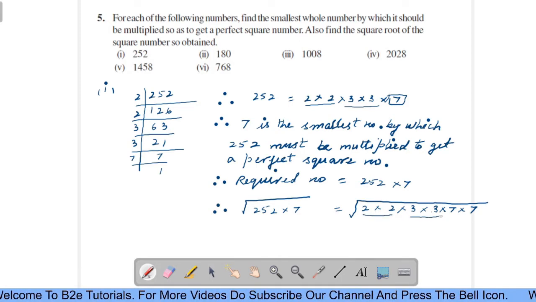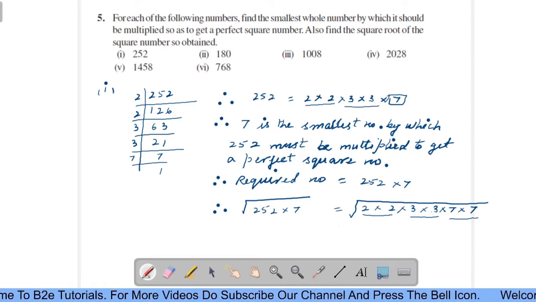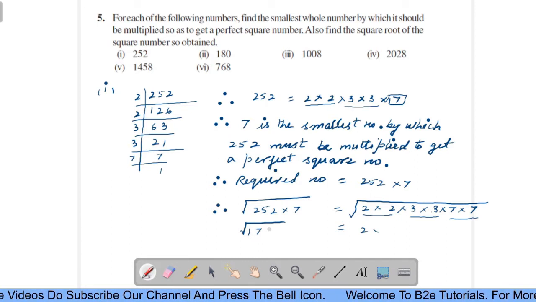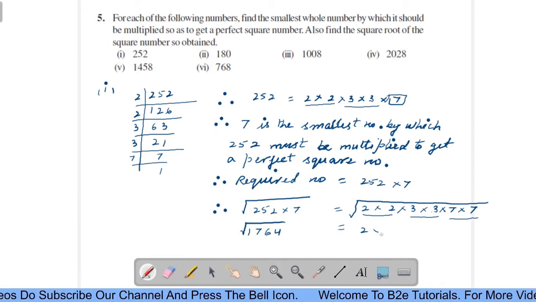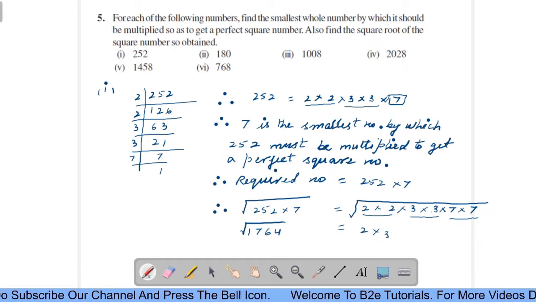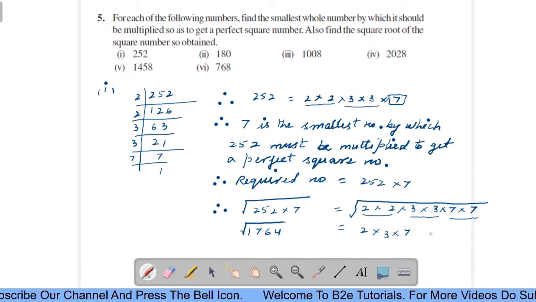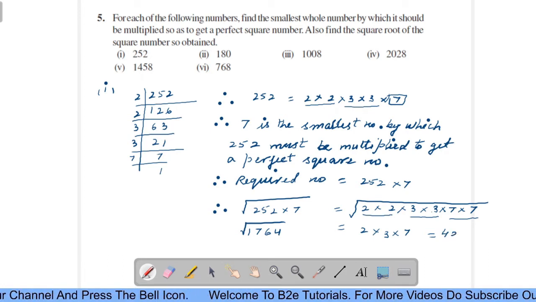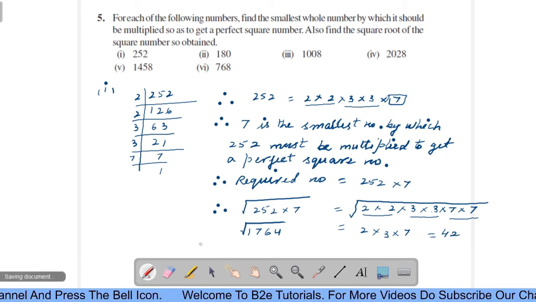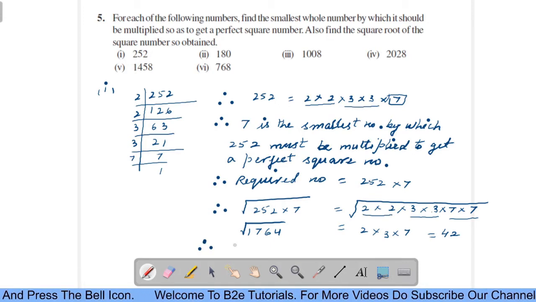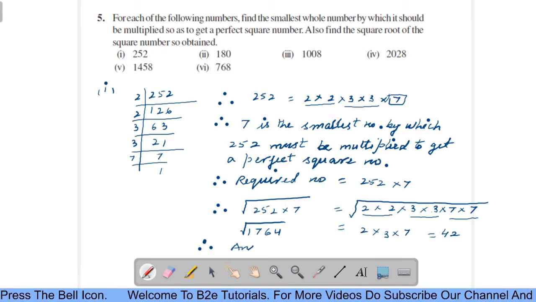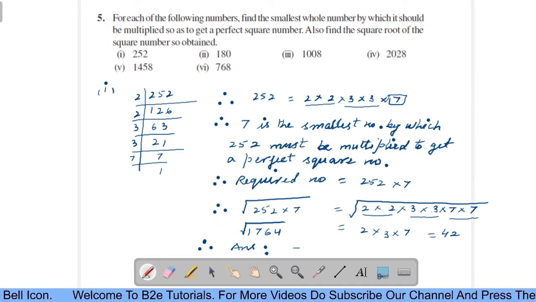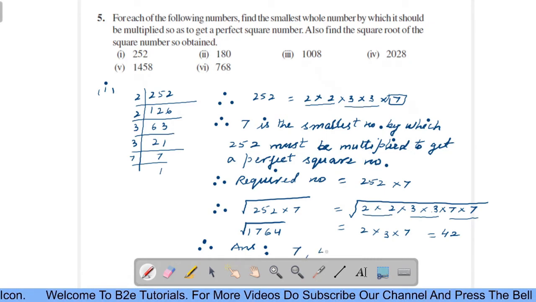Make pairs of 2. It will be 1764, equal to 2 into 3 into 7, that is 2 3 ja 6, 7 ja 42. This is your square root. Therefore, your answer is 7 and 42.